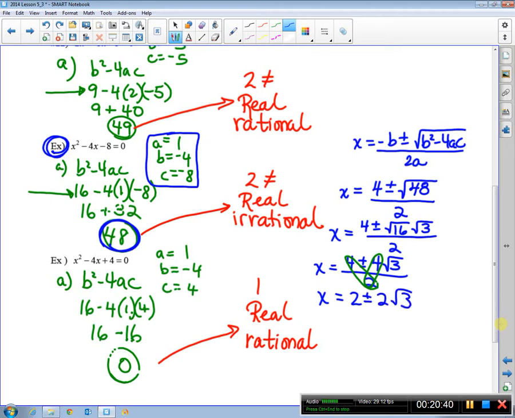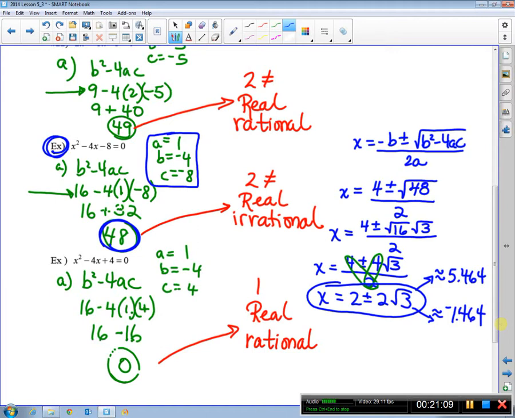Two plus and minus 2 radical 3. That's the answer in simplest radical form. If I plug these into my calculator, just as a curiosity, 2 plus 2 radical 3 is approximately 5.464. 2 minus 2 radical 3, I have negative 1.464.